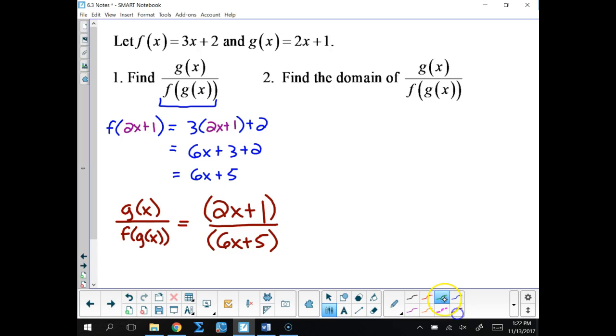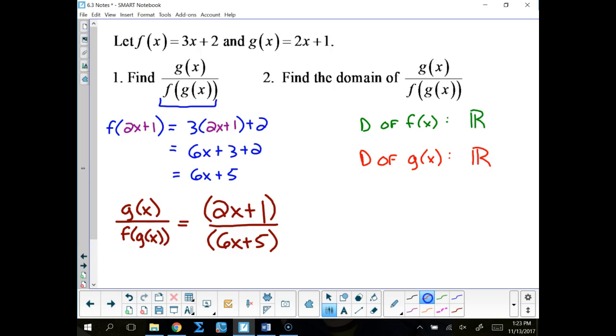Now, let's look at the domains here. The domain of f is all real numbers, right? No fractions, no even index radicals. The domain of g by itself is all real numbers.